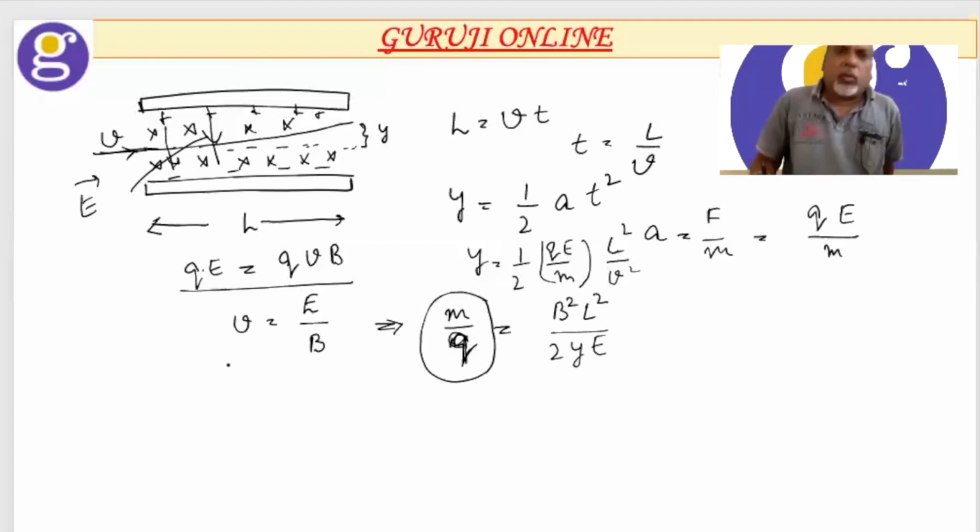So these were the hypotheses given by J.J. Thomson, and this was the quantitative part of the experiment. So you must have understood the quantitative part.